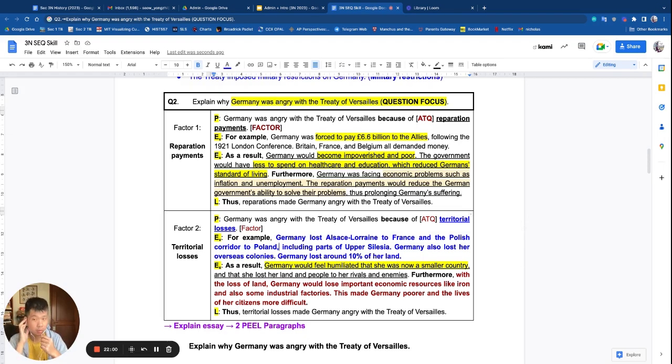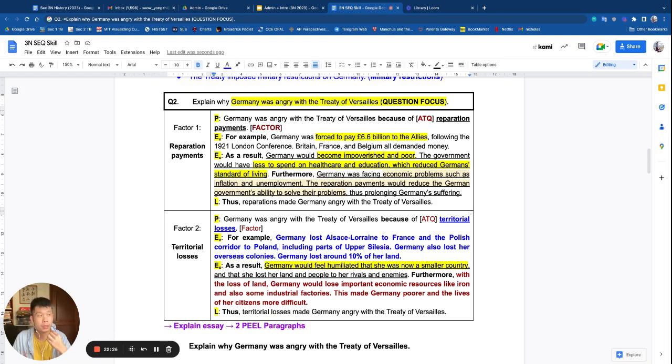As a result, Germany felt humiliated that she was a smaller country, her pride was hurt, and she lost land and people to her rivals. Furthermore, with the loss of land, Germany would lose important economic resources like iron and factories, which made Germany poorer and the lives of her people more difficult. And thus, territorial losses made Germany angry with the Treaty of Versailles.